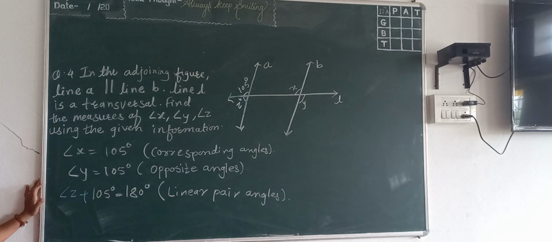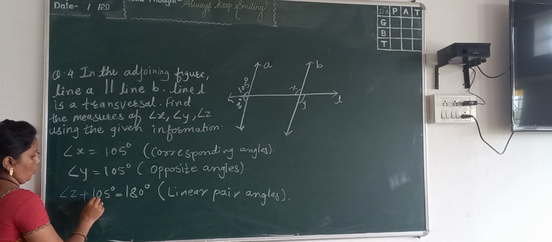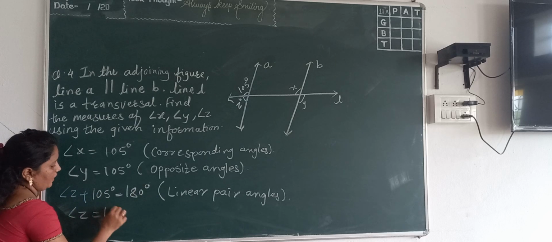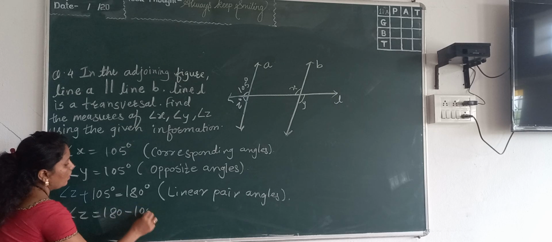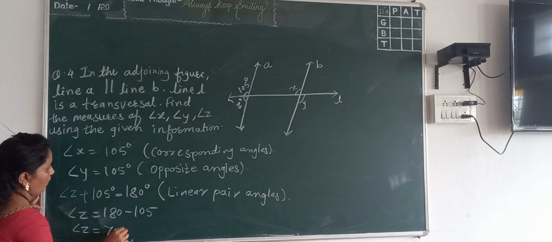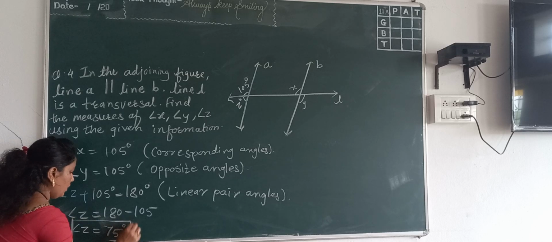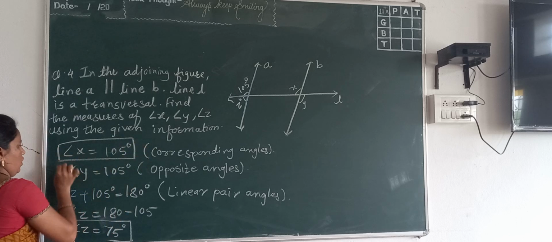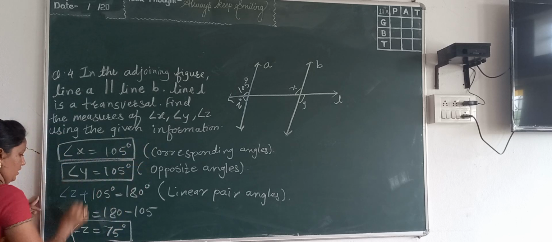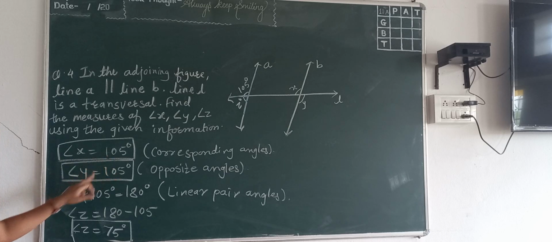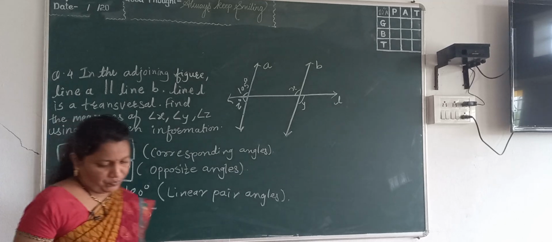Then 180 minus 105, so angle Z is equal to 75 degrees. Then you got the values: X is 105, Y is 105 and Z is 75.